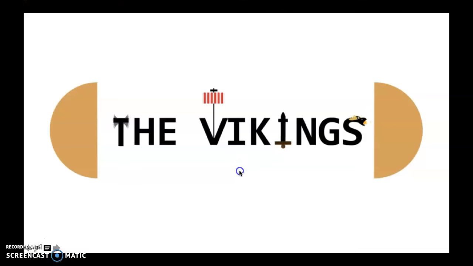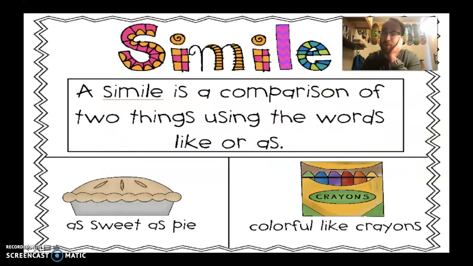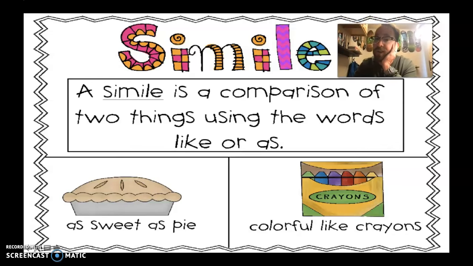All right, so there you have it. Now, what are you actually going to do with all of your new information about the Vikings? Now, it's simple. What you are going to do is write one single simile comparing the Vikings to something.